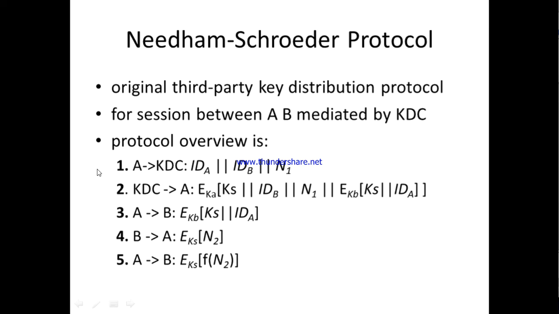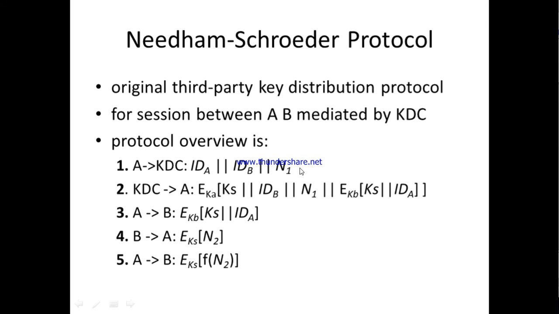A and B, the two parties, share their master keys with the KDC. A sends to the KDC that it wants to communicate with B, giving IDA, the identity of A, and IDB, the identity of B. That means: I am A, I want to transmit to B.